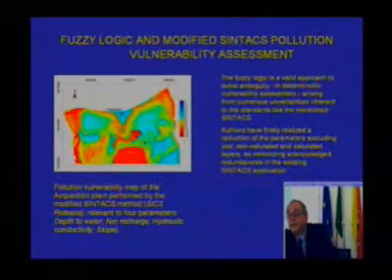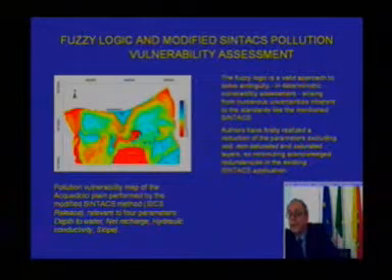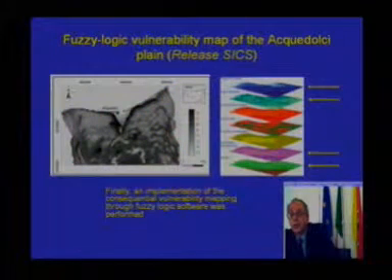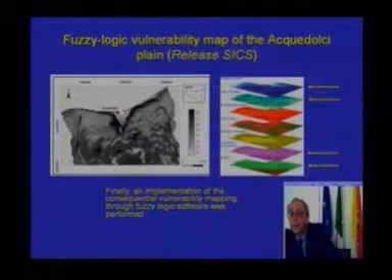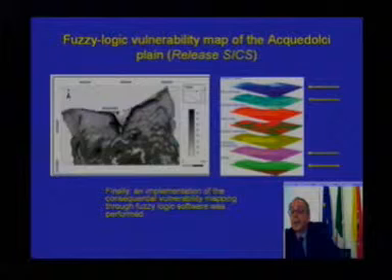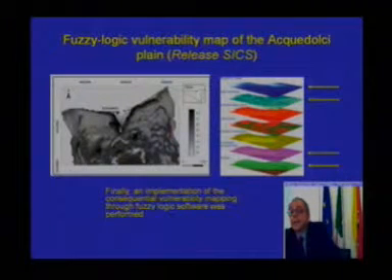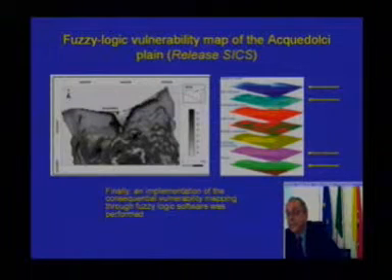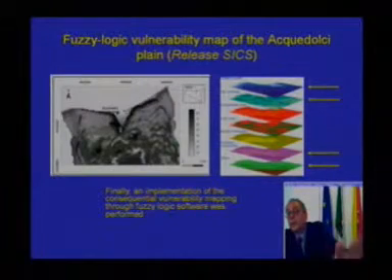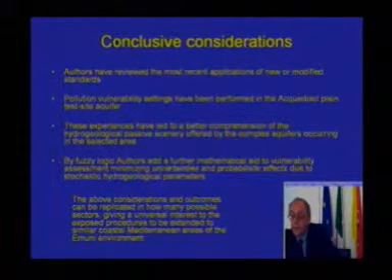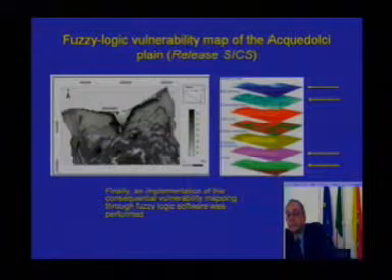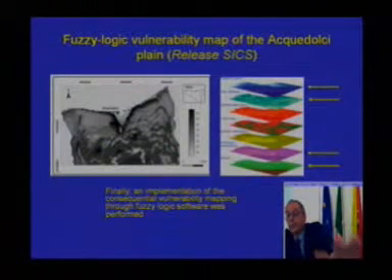We have performed a reduction of parameters, taking off those affected by redundancy, and so we arrived at a SINTACS map with only 4 parameters, and successively applied fuzzy logic. This is the SINTACS map with only 4 parameters, and the previous map. This is the fuzzy logic vulnerability map performed with only 4 parameters.